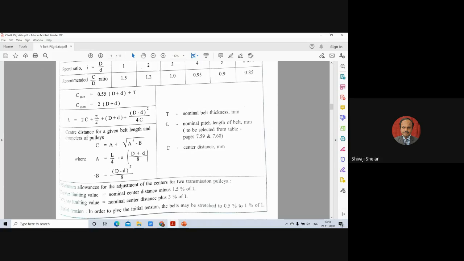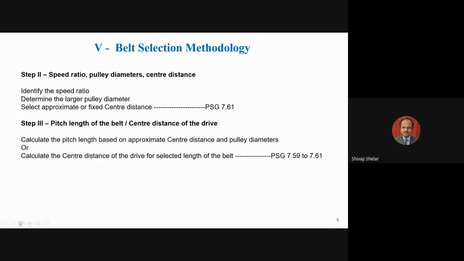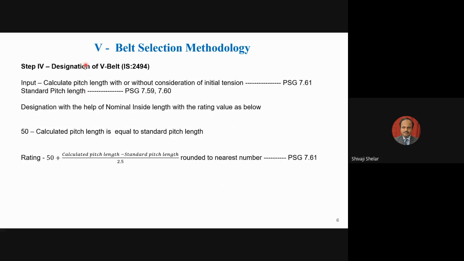Okay, so let's go for the designation of the belt, the next point in this presentation. Suppose you have calculated the pitch length, so the next step is to select the right belt, the designation of the V belt. For that we are using the IS Indian Standard 2494 table.